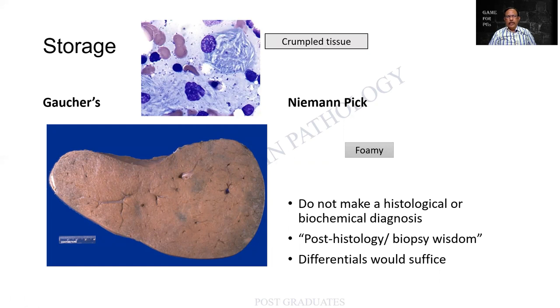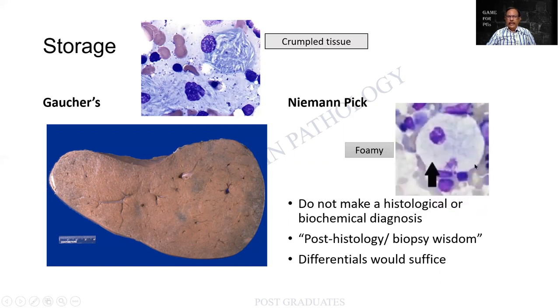Basically, it is a lysosomal storage disease, and it is a university question in itself. The different types of Gaucher's disease you can go into. And whenever I use the word Gaucher's, automatically there has to be Niemann-Pick. In this I find foamy cells with multiple small vacuoles. Sphingomyelin is being accumulated. So either this can be a Gaucher, or this can be a Niemann-Pick.